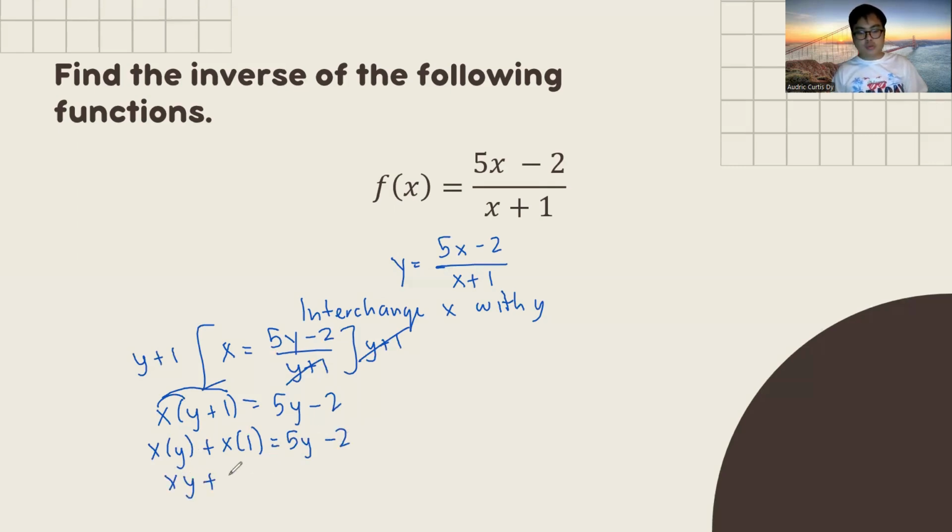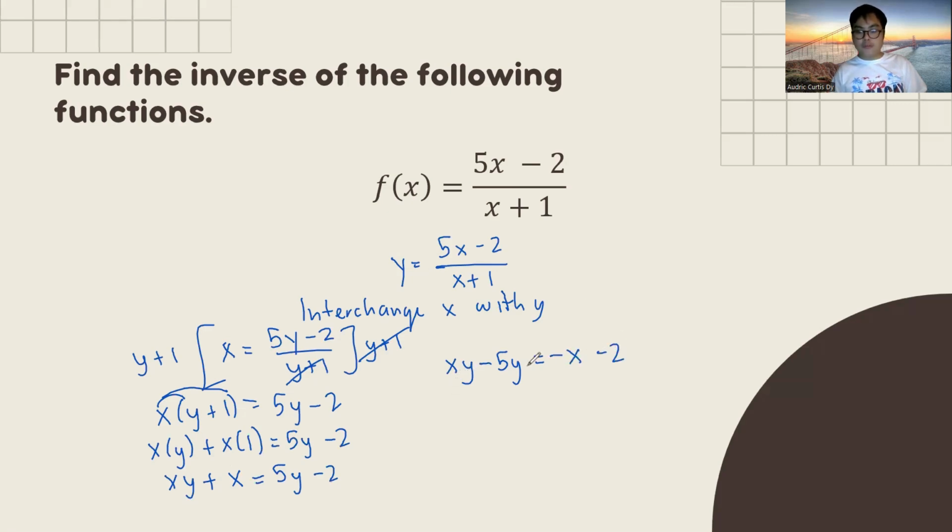Then x times 1 will become x. Then 5y minus 2. So you will group the terms in respect of y at the left side. So it will become xy, then your 5y will be transposed at the left side. So this will become minus 5y. Then the plus x at the left side will be moved to the right side. However, the sign will become negative x minus 2.